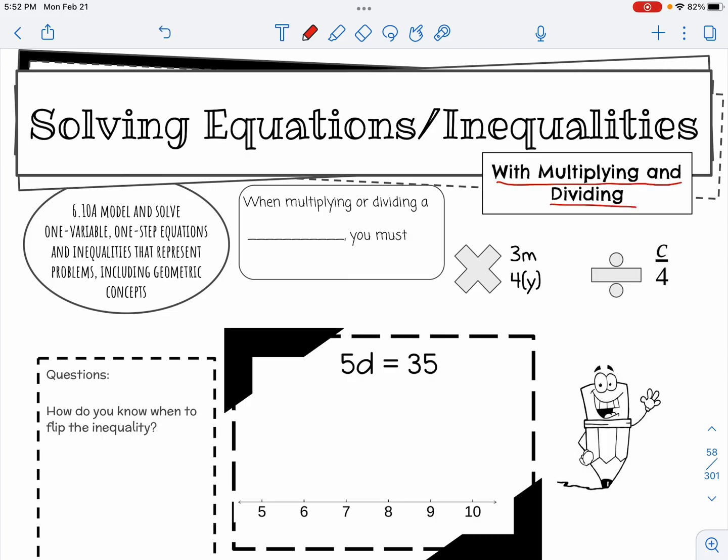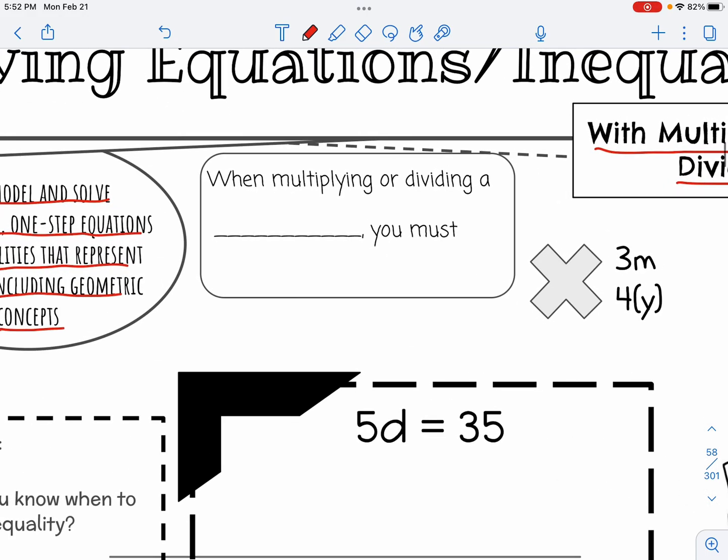Okay, your standard today is 6.10a, model and solve one variable, one-step equations and inequalities that represent problems including geometric concepts. Okay, when multiplying or dividing by a negative, you must flip the inequality sign.